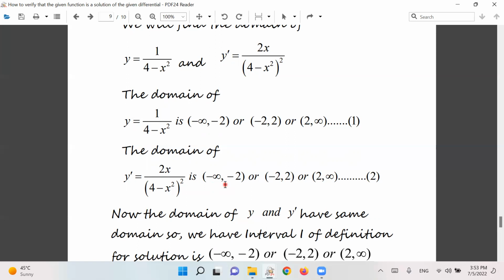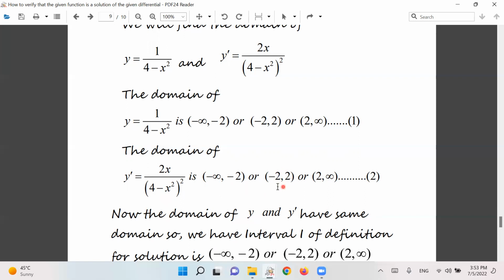So if we put minus 2 or 2 here, then this function will be undefined. So the domain is that we can put any value between minus infinity and minus 2. Minus 2 is not included, but minus 3, minus 4, minus 5, minus 6, any value we can put, we will get a real valued function. So that is the domain.